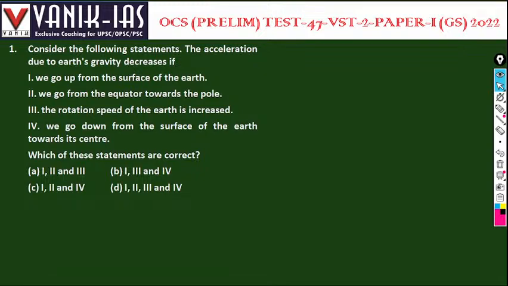What are the following statements? The acceleration due to Earth's gravity decreases if we move upward, if we go up from the surface of the Earth.